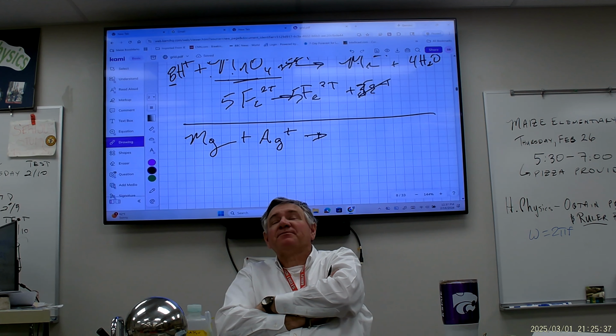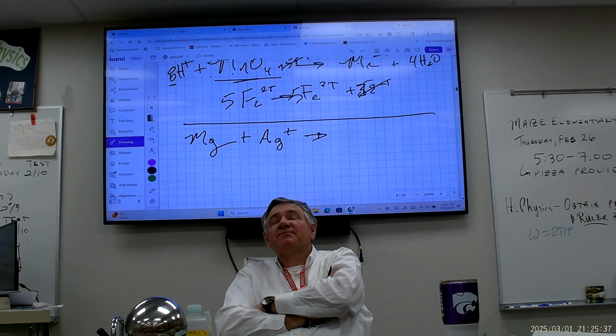Where's gold on this chart? Elemental gold. It's at the top, at 1.6. Is it a reactant or a product of this reduction chart? Gold is a product of the reduction process.